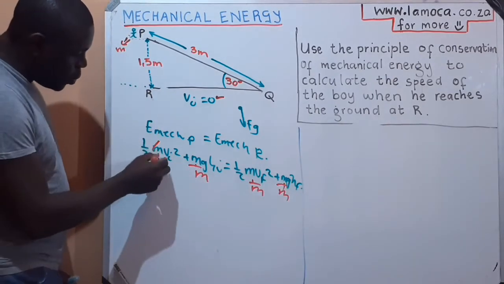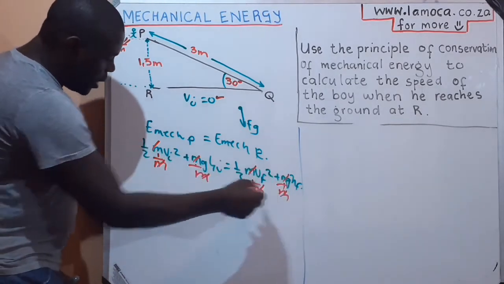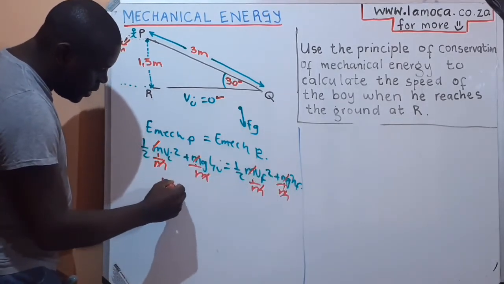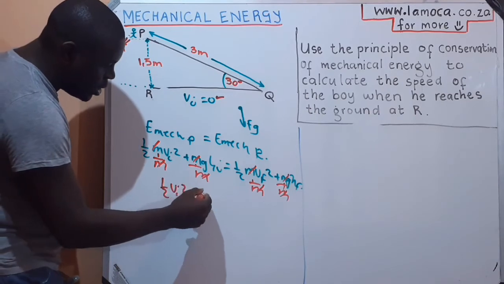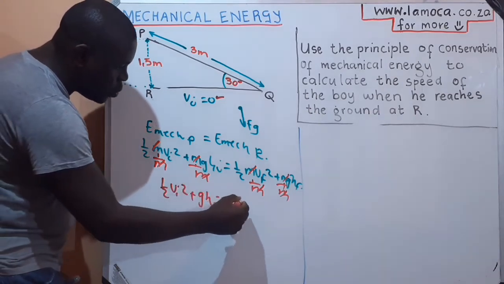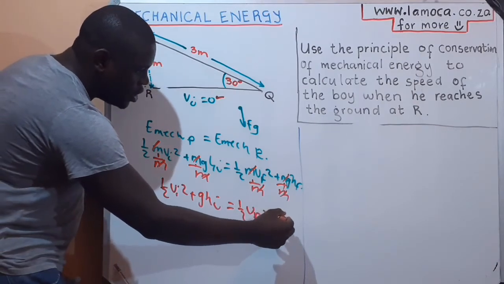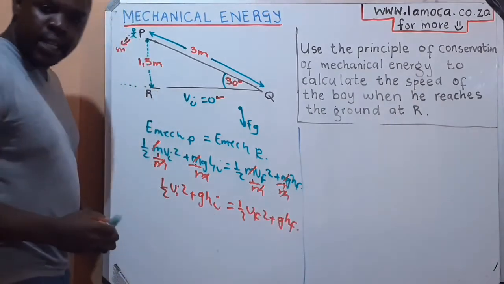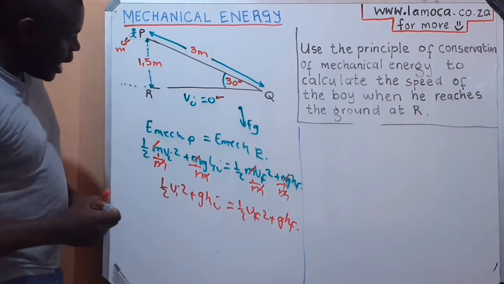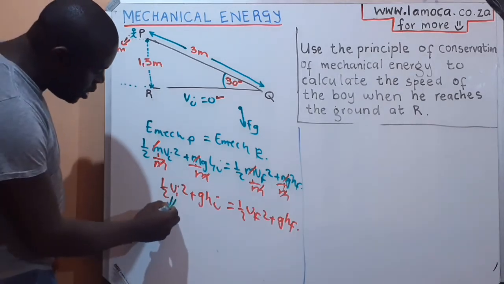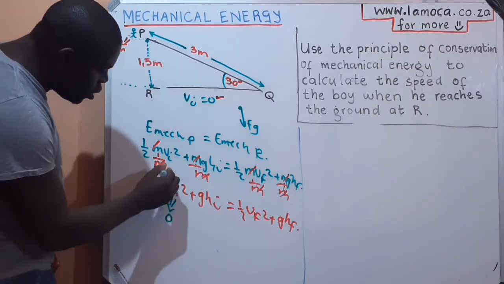And what am I left with? I'm left with the following: half Vi squared plus g hi is equal to half Vf squared plus g hf.